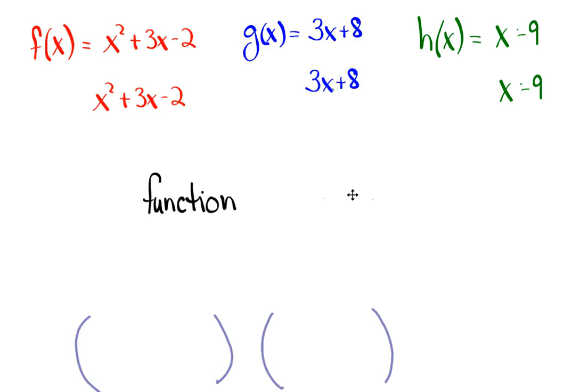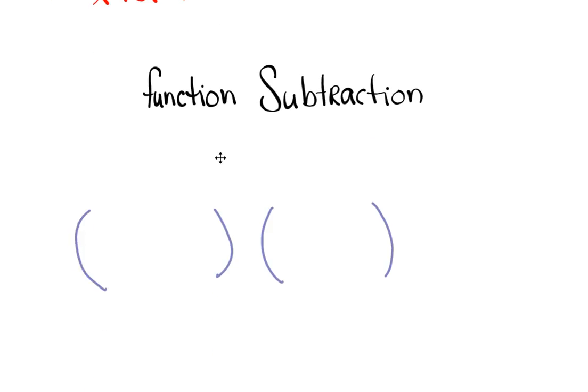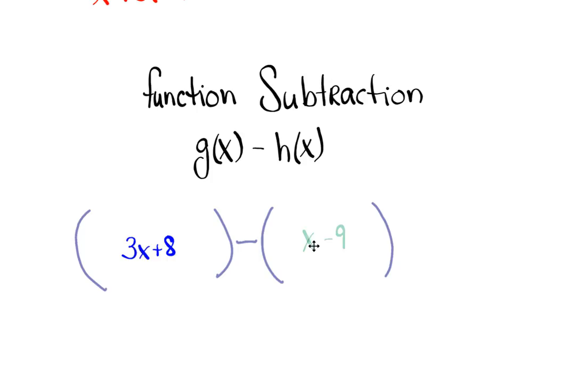Next, let's talk about function subtraction. Function subtraction says I'm going to take g of x, I'm going to subtract h of x. Pay attention to what's between your parentheses. So I'm going to take the function g of x, and I'm going to subtract from it h of x.